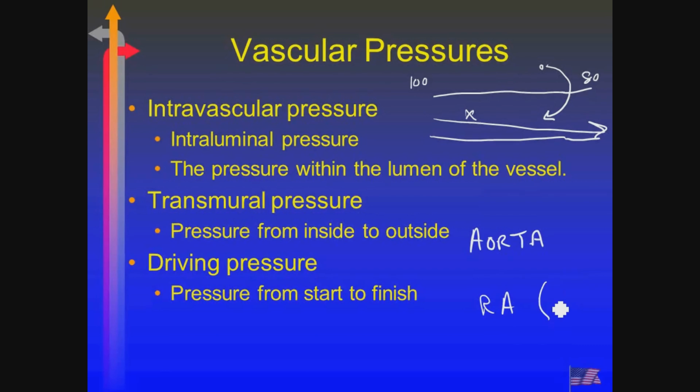This is roughly on the order of 2 to 6 millimeters of mercury. The aortic pressure, on average, is about 80 to 90 millimeters of mercury. Huge, huge difference. That's why you get blood flow through the systemic circulation, because of this driving pressure.